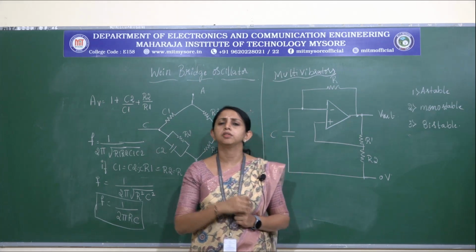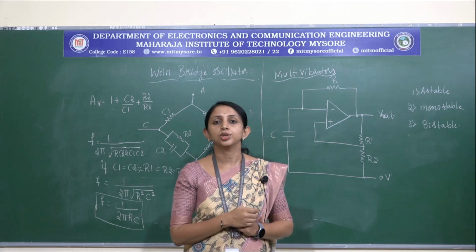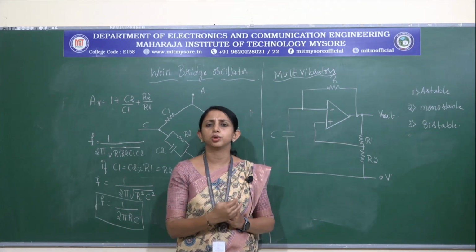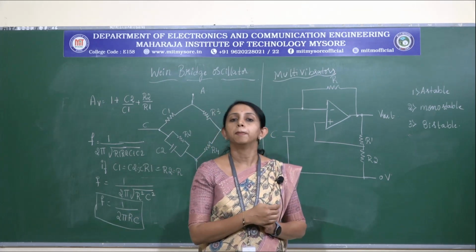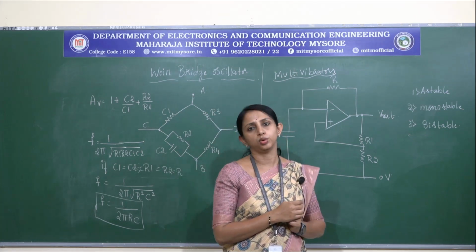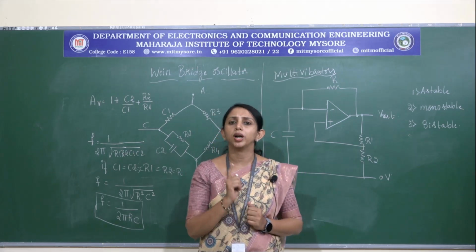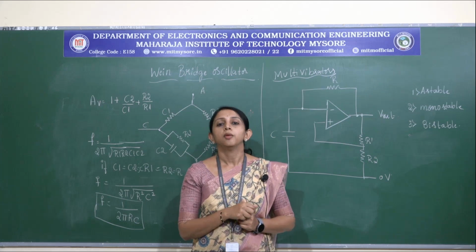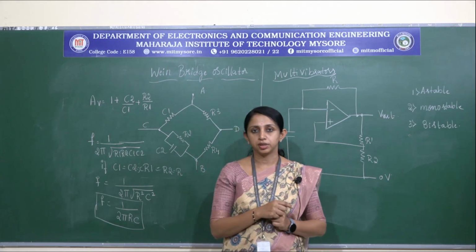An astable multivibrator continuously produces a square wave, and it is also called a free running multivibrator. Since it continuously produces the waveform, it can be called a free running multivibrator. Next we have the monostable. Mono, as the name itself indicates, has one stable state, and it produces one cycle of pulse, and it is also called a one shot multivibrator.